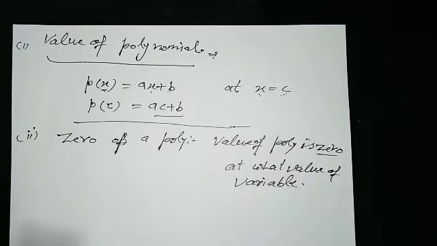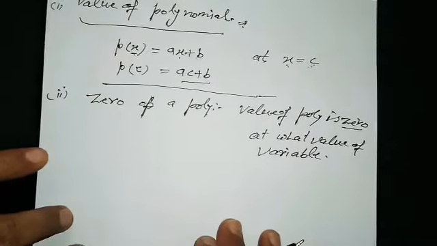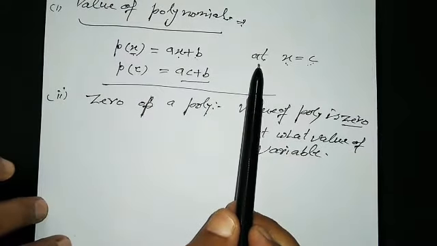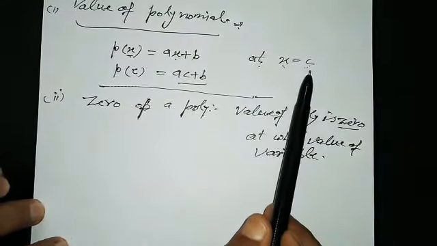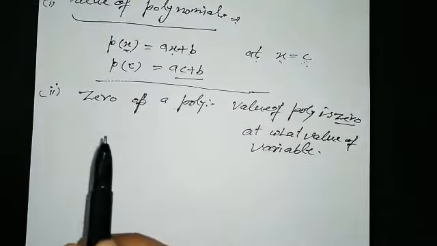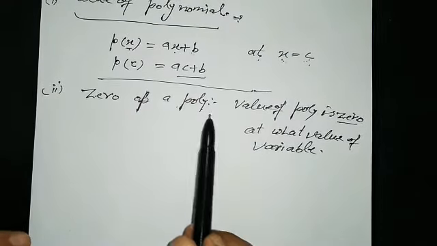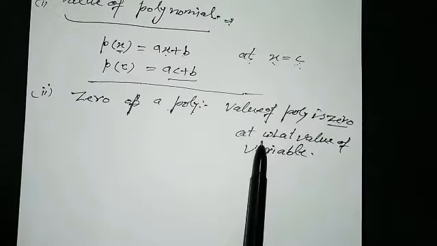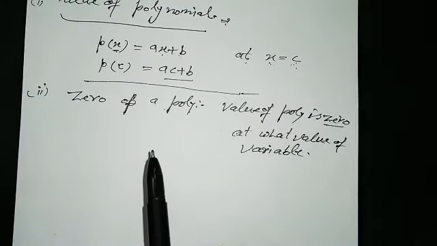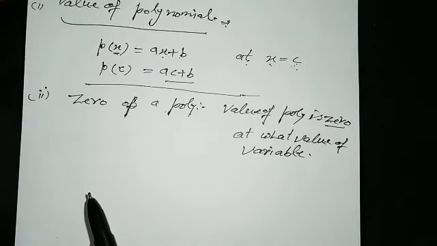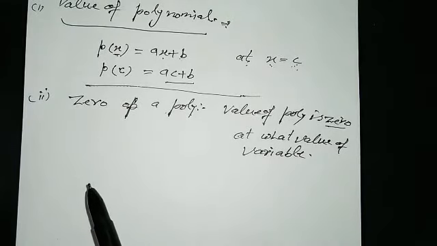Understand? When I talk about the value of polynomial, it depends on the value of variable, right? So zero of polynomial, how to find zero? At what value of the variable this polynomial becomes 0. The value of this polynomial is 0 at what value of that variable, that is called zero.